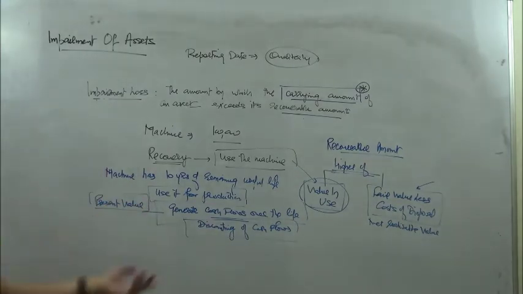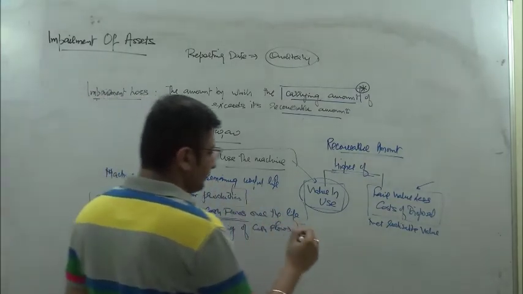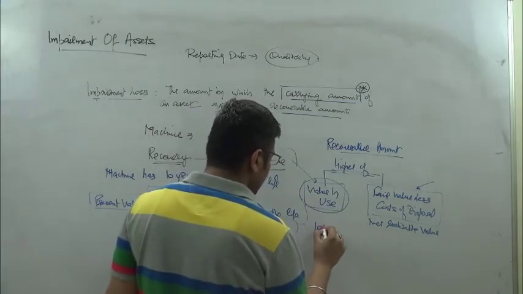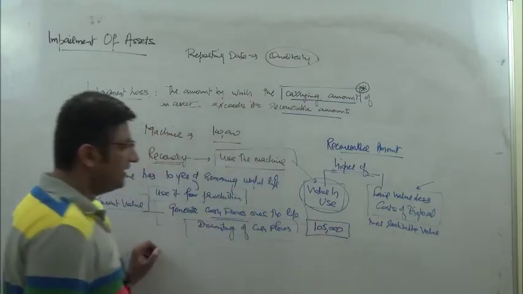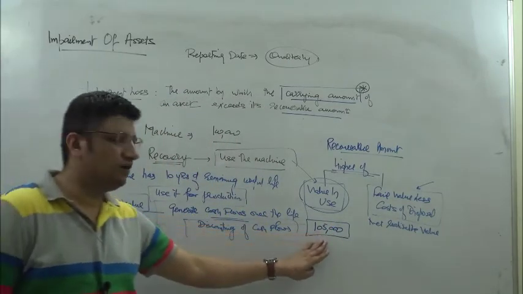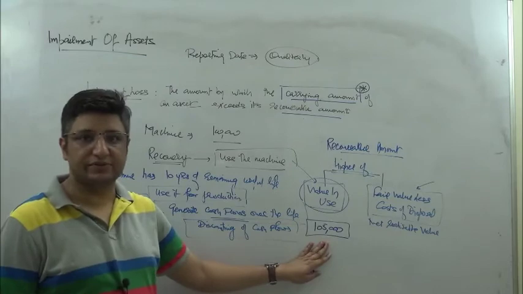Okay, let us say, for the sake of argument, we get a net present value of 105,000.